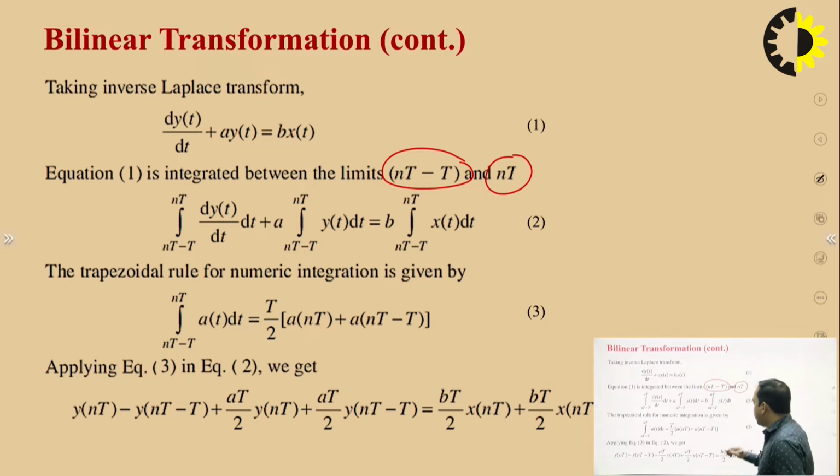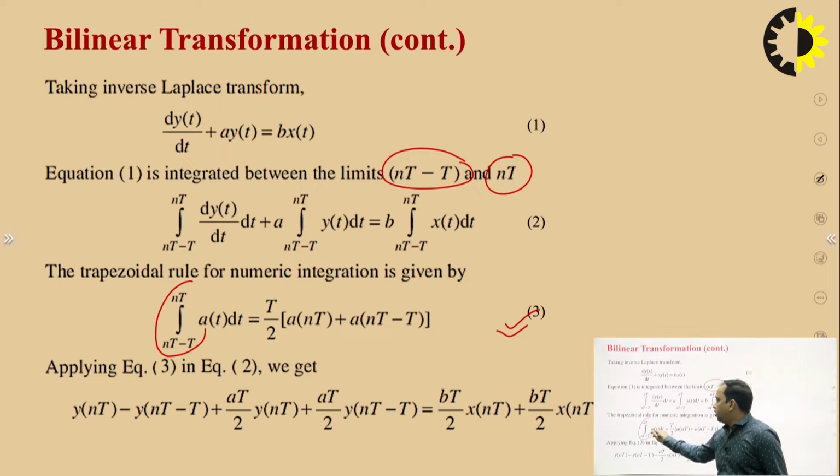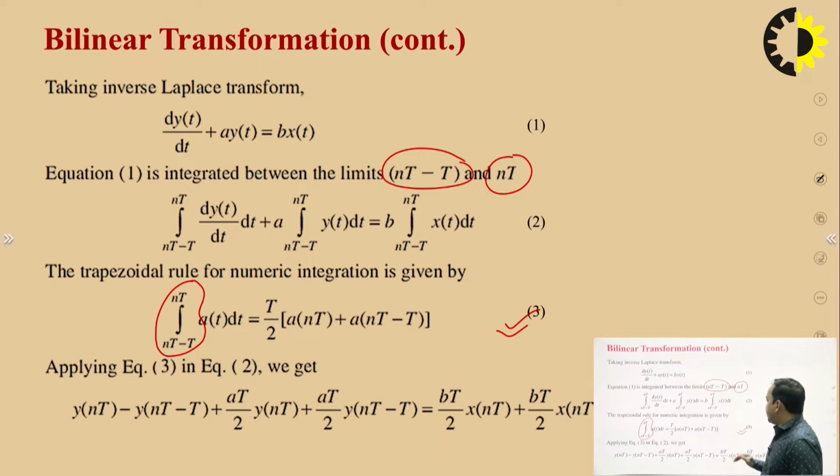The trapezoidal rule, equation number 3, says that the integral of any signal a(t) over the limits nT minus T to nT can be written as T by 2 times a(nT), the upper limit, plus a(nT minus T), the lower limit. We apply equation number 3 in equation number 2.